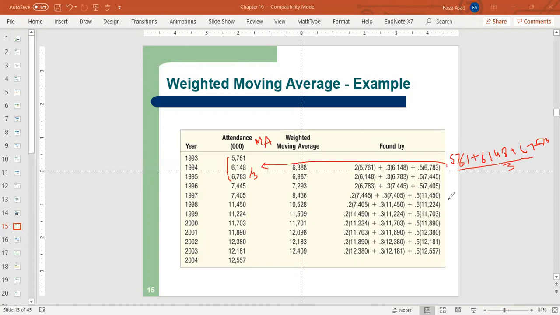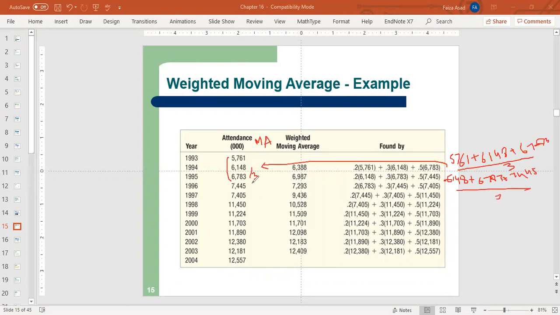Then we will calculate it for the next 3 values, which will be 6,148 plus 6,783 plus 7,445 and divided by 3.